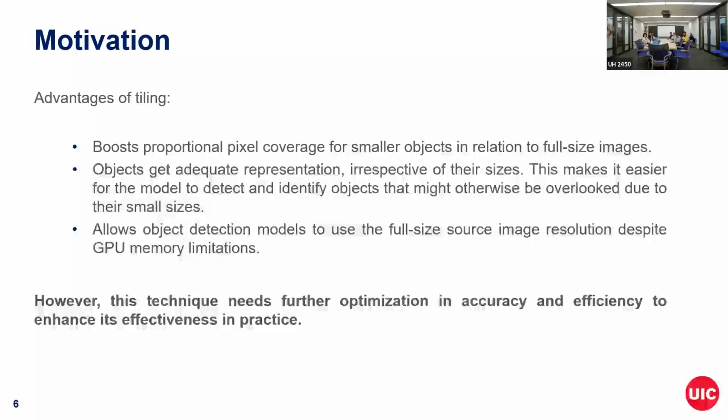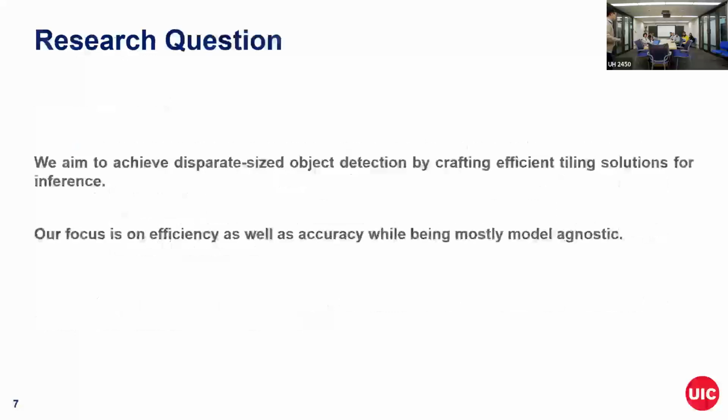It makes it easier for the model to detect objects, because the model only needs to focus on a small area at a time. It also allows the model to utilize the whole resolution of the image, even though you have limited GPU memory. However, this technique needs further optimization in accuracy and efficiency to enhance its effectiveness in practice.